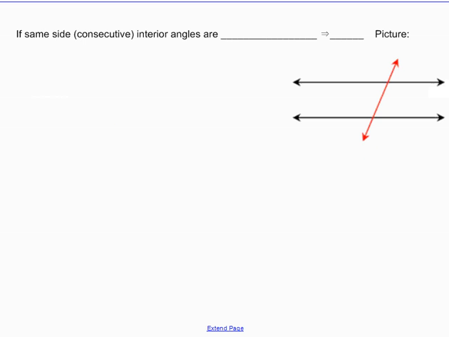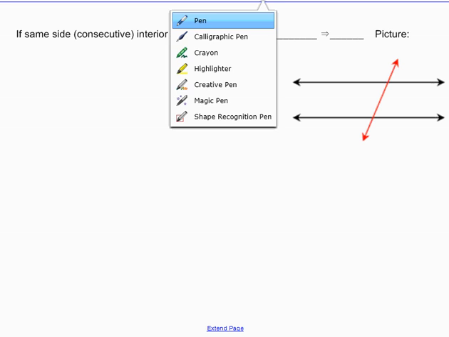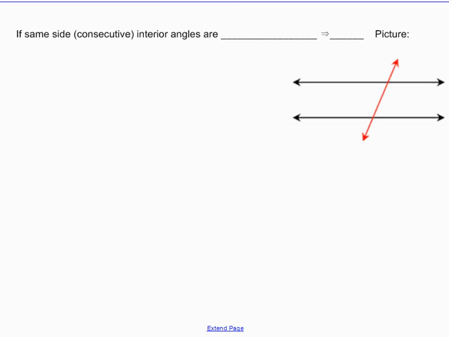Next, we're looking at same side interior angles. Same side would be SS, supplementary. If same side interior angles are supplementary, then the lines are parallel. Same side interior angles.